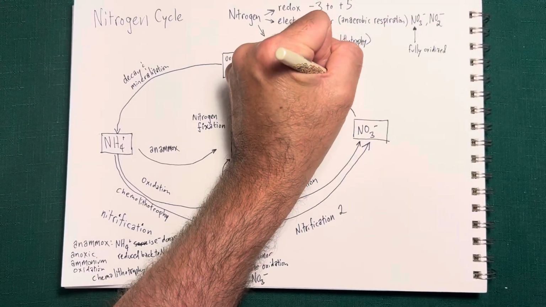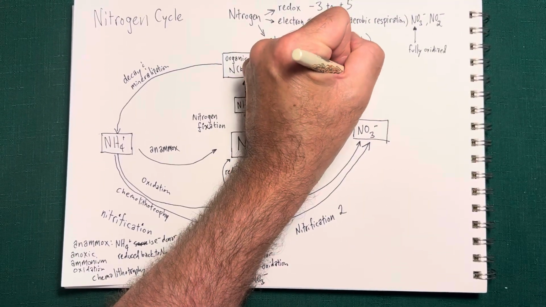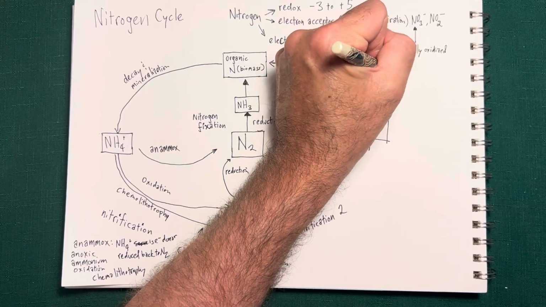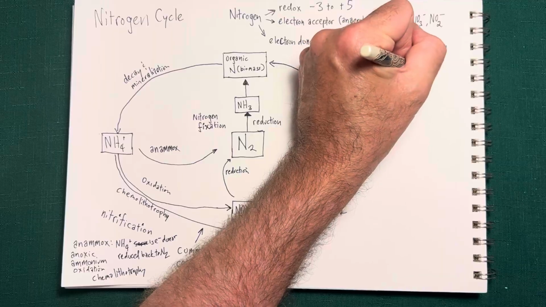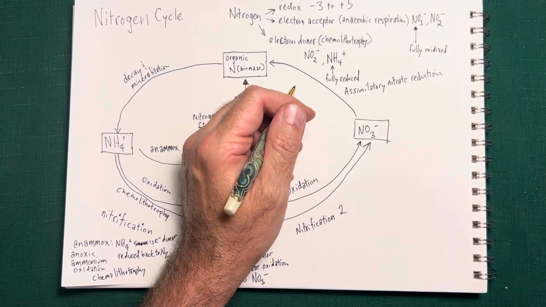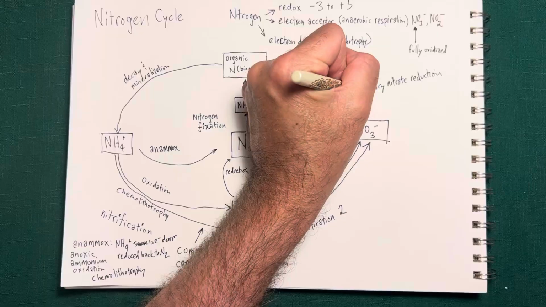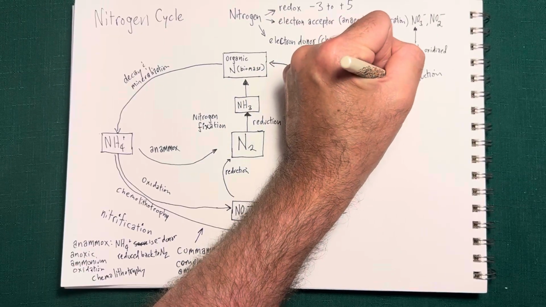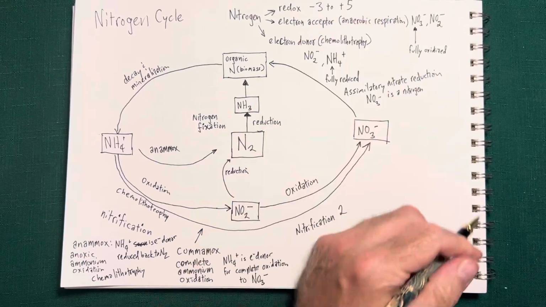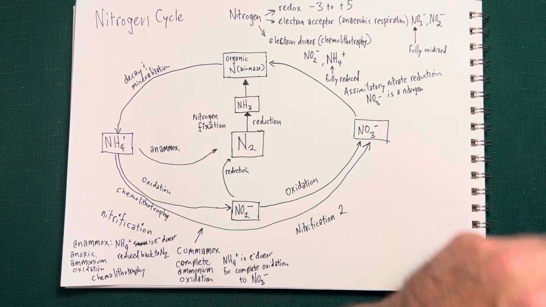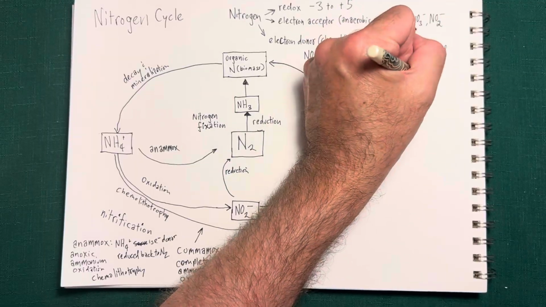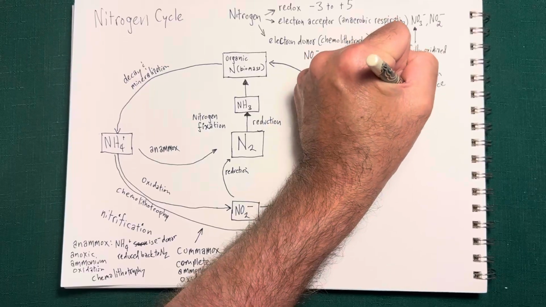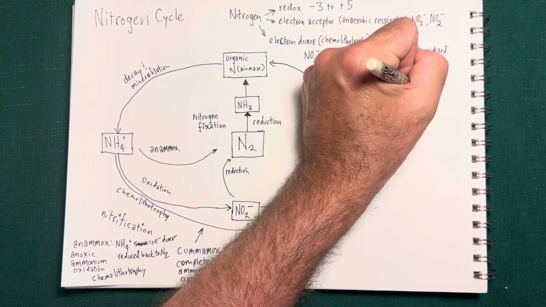So here we have assimilatory nitrate reduction, where nitrate is a nitrogen source to produce biomass, to produce nucleic acids and amino acids. And many genera of microbes can do this.